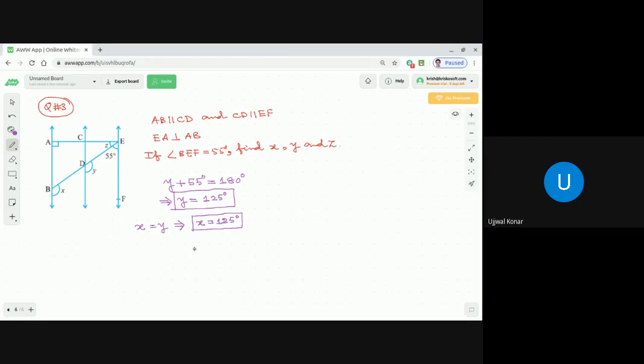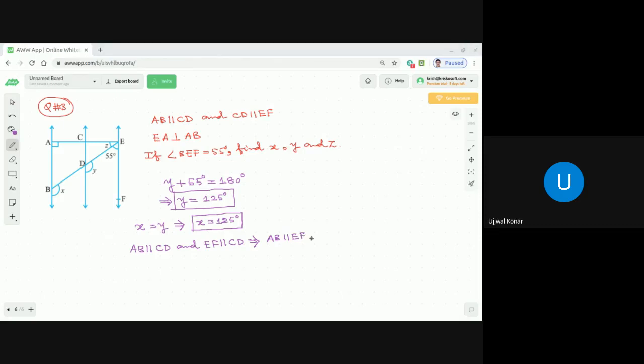AB is parallel to CD according to the problem statement, and EF is parallel to CD. From these two, we can conclude, dear students, that AB is definitely parallel to EF.